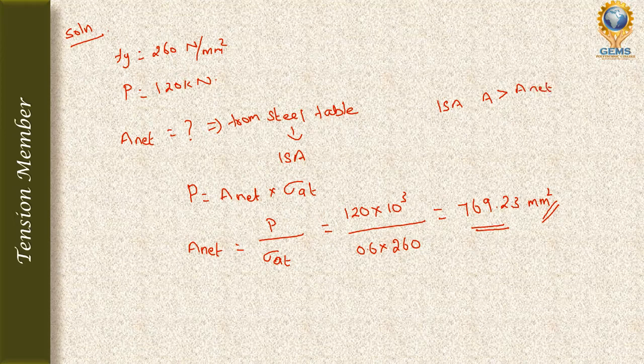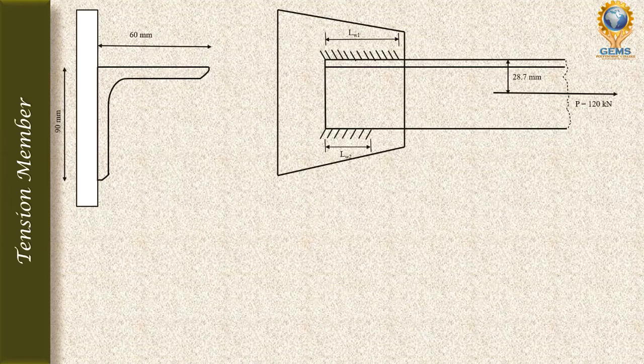So we are assuming ISA 90 by 60 by 6 mm unequal angle, and the connected leg is the longer leg, that is 90 mm is connected to the gusset plate. 60 mm is the outstanding leg, and the center of gravity distance is 28.7 mm.